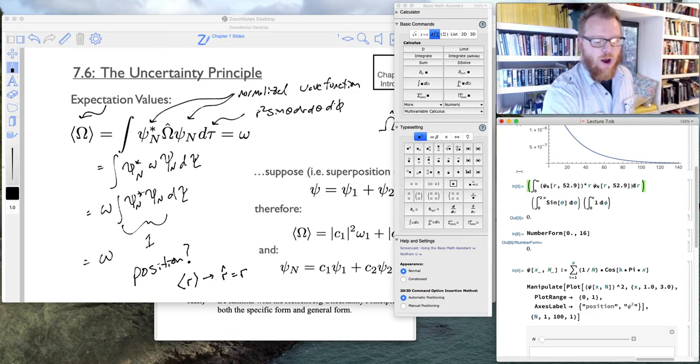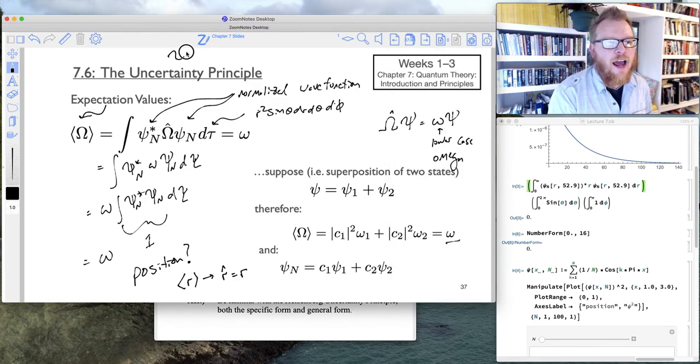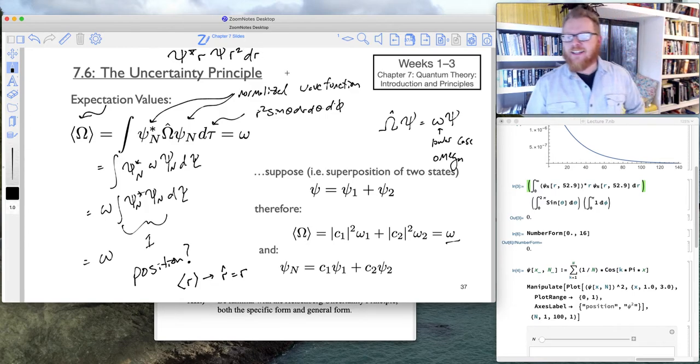Okay, so I'm going to remind you up here that if I have psi star times r times psi, that's my operator sandwich, psi star r psi. I also have that r squared. So that r squared has got to be there because that's a part of d tau.